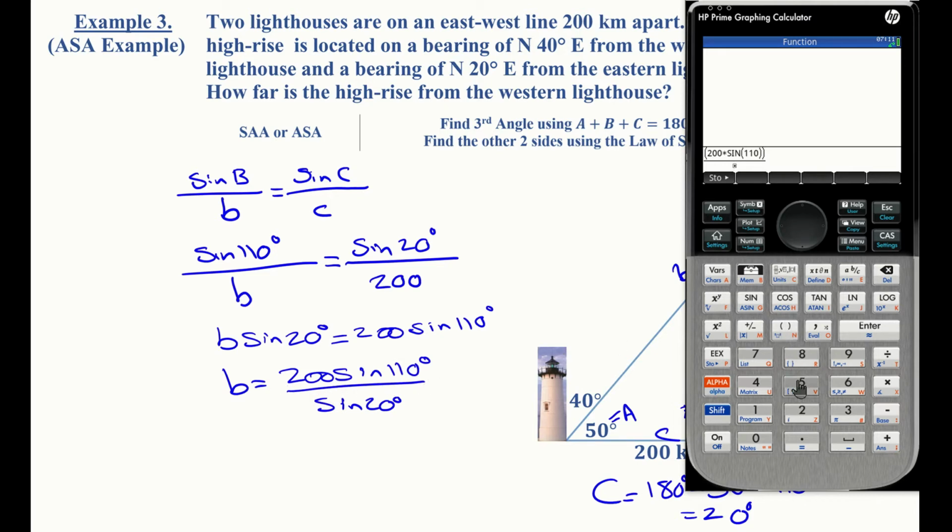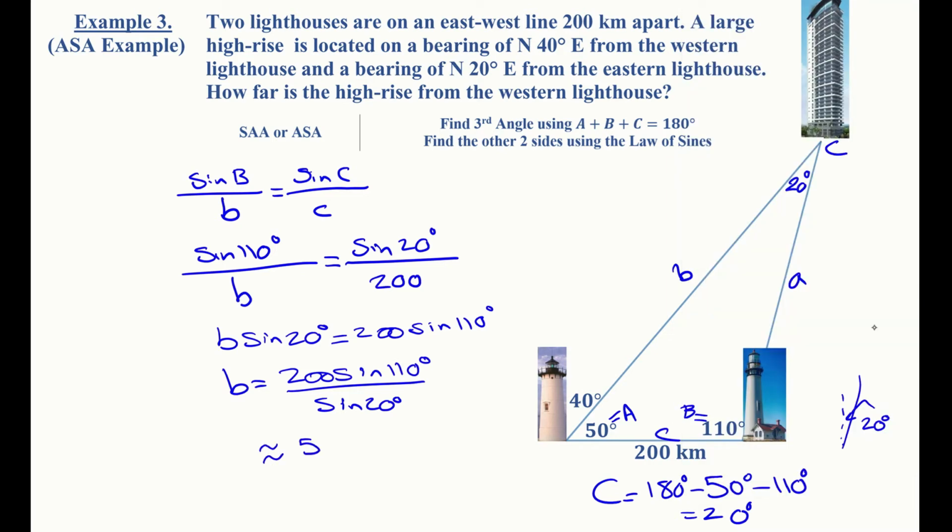With HP, they decided to force you to do the multiplication. This is just updated, so I have to check. Maybe they fixed that. All right. So we get approximately 549.5, and of course remember here we're dealing with kilometers.